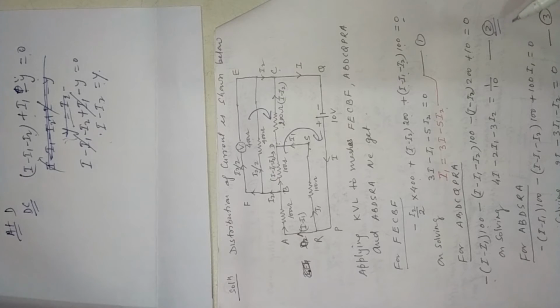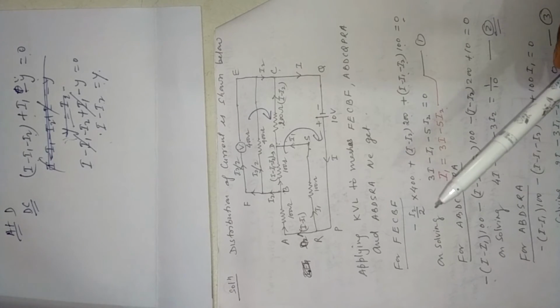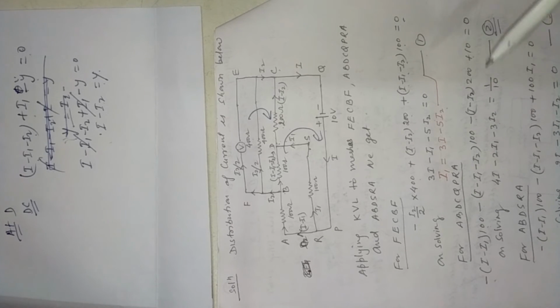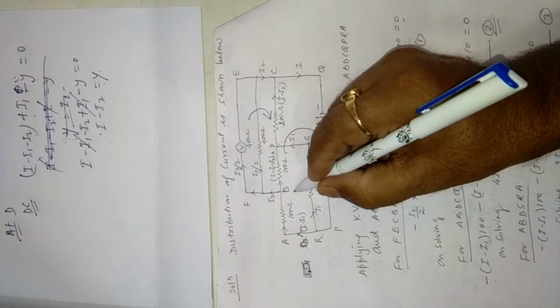Now come to the next loop. As we have three variables I, I1 and I2, we have to make three equations. We have made two, and for the next equation we take A, B, D, S, R, A. This is a small loop.